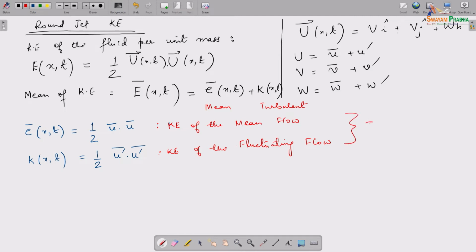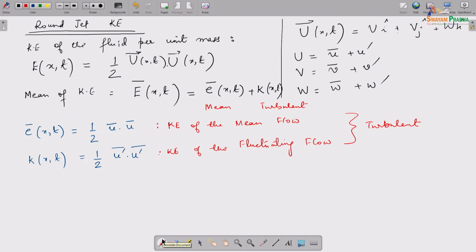These two together form the turbulent flow, so this alone is not a turbulent flow. Therefore, I'm going to write this as K of the fluctuating flow. When you add that to the K of the mean flow, what we get is the K of the total turbulent flow. I think that's what we're trying to say here.